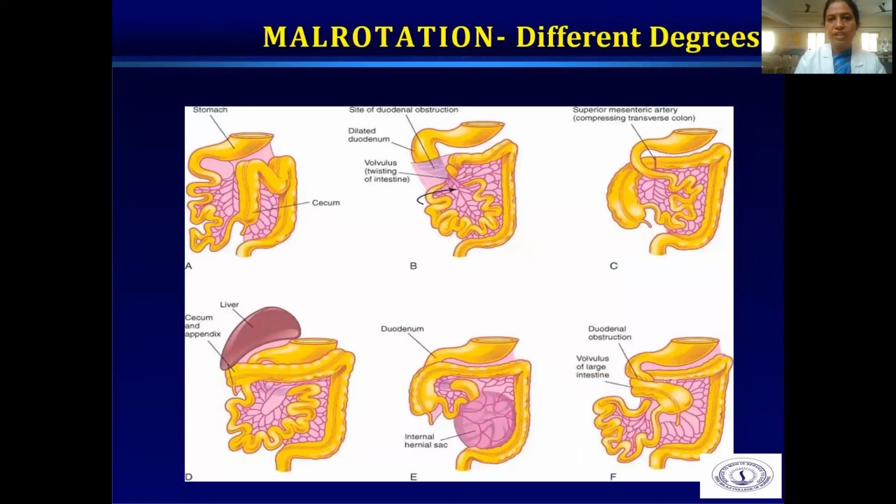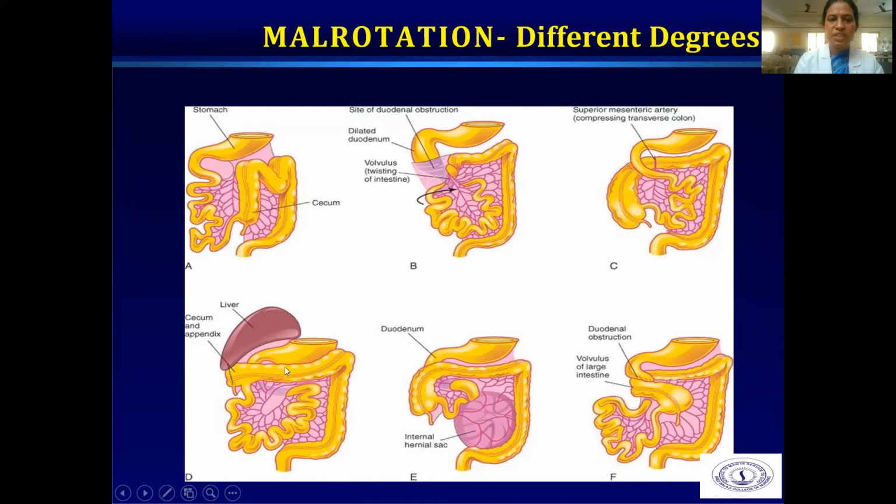Now malrotation, different degrees. See here you can see diagram A, stomach, B, site of duodenal obstruction shown here, that is volvulus, twisting of intestine, and there is duodenal dilatation. In C, we see the superior mesenteric artery compressing the transverse colon.